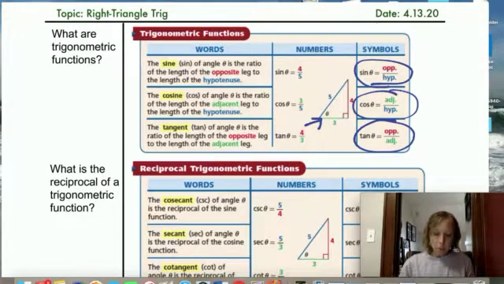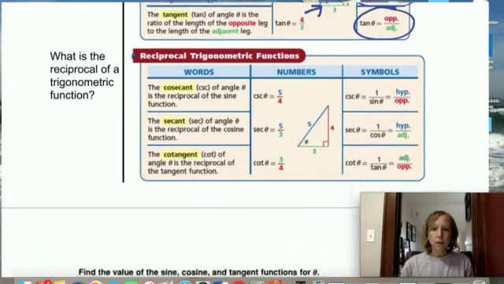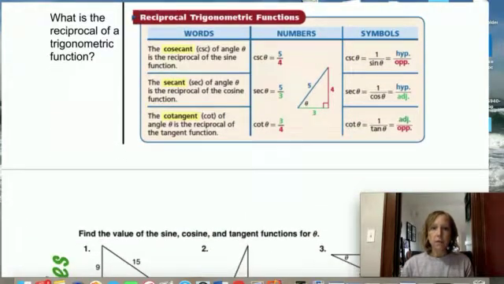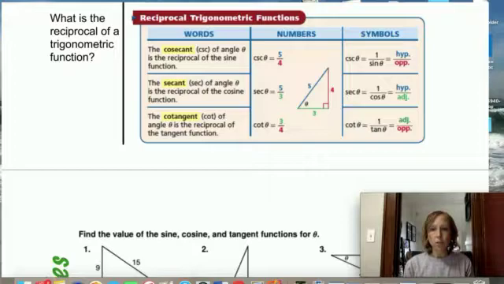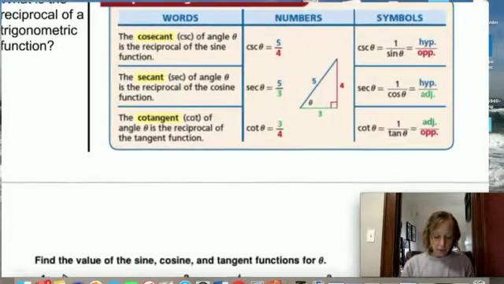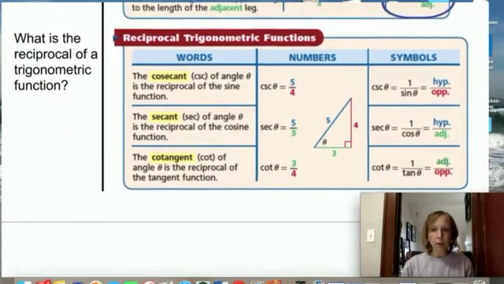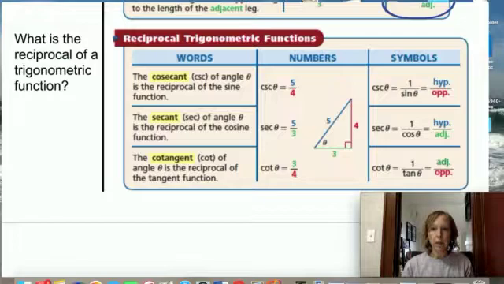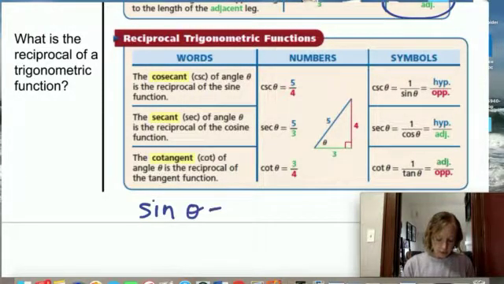Now, something that's probably new for you is the reciprocal trig functions. Sine, cosine, and tangent all have a reciprocal function, and those are called cosecant, secant, and cotangent. They are literally just the reciprocal of what we had before. So before, what we saw was sine of theta is opposite over hypotenuse.